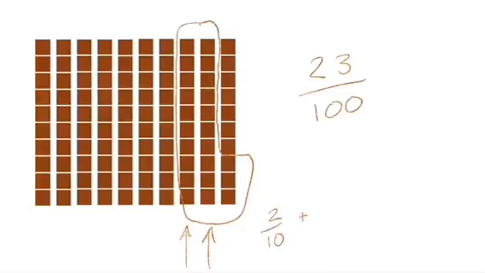I'm giving you 10, 20, 21, 22, 23 hundredths, or 2 tenths, because these are still tenths, and 3 more hundredths. Using this fraction notation gets a bit complicated. Don't particularly like it. So let's use the nice, neat decimal notation.